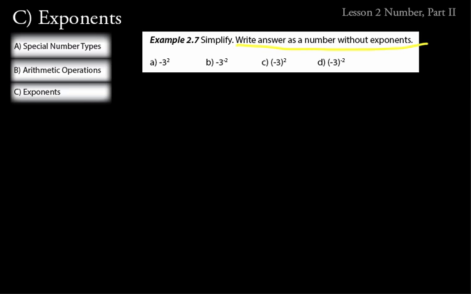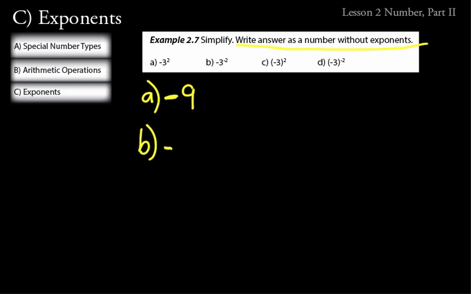So for A, what we're saying there is that minus, we think of that as the opposite of 3 squared. Well, 3 squared is 9, so the answer is just minus 9. B, we have the opposite of 3 to the minus 2, so we need to make that exponent positive.